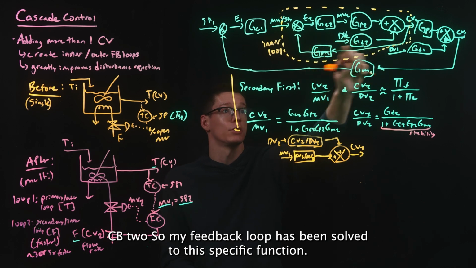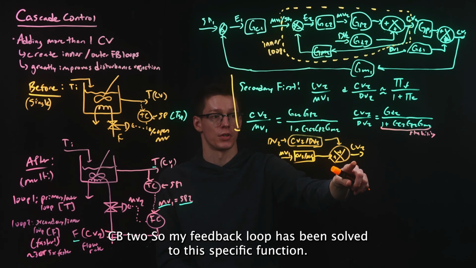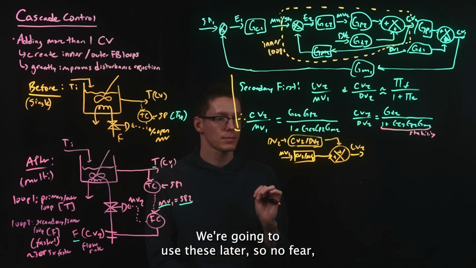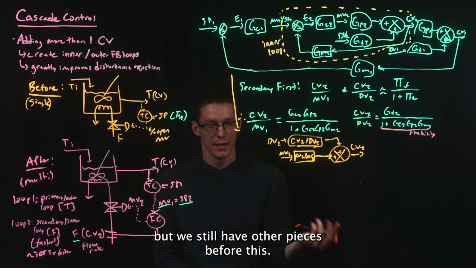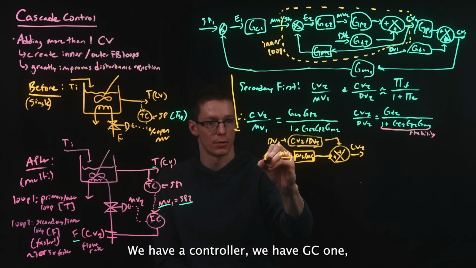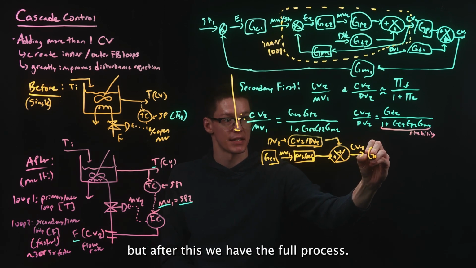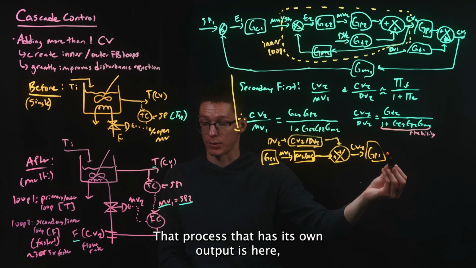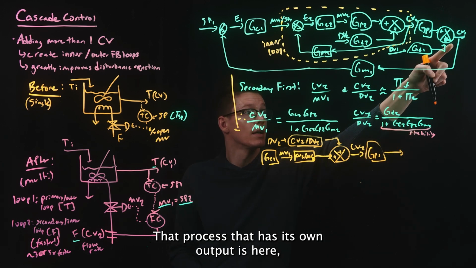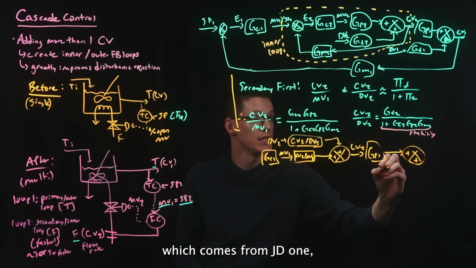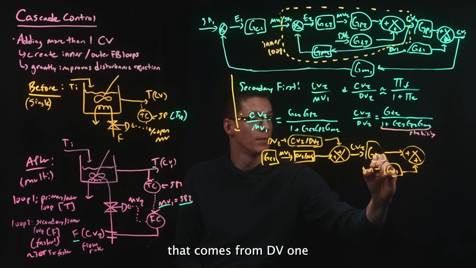So my feedback loop has been solved to this specific function. Great. We're going to use these later, so no fear. But we still have other pieces. Before this, we have a controller, GC1. After this, we have the full process, GP1. That process then has its own output, which has its own adding of disturbance, which comes from GD1, that comes from DV1.